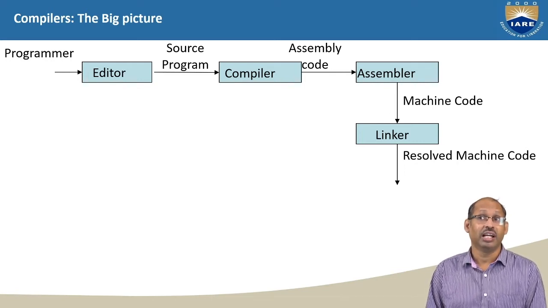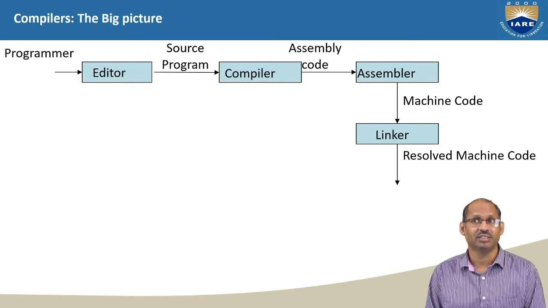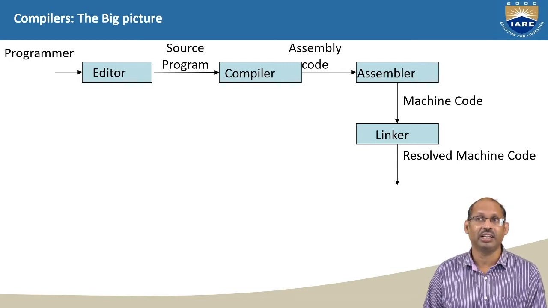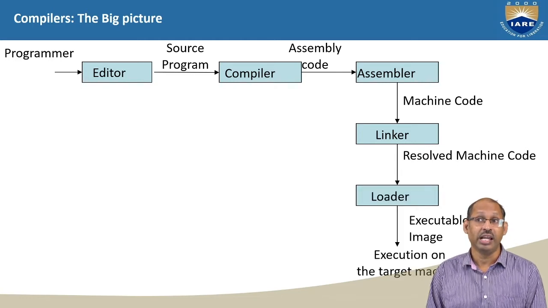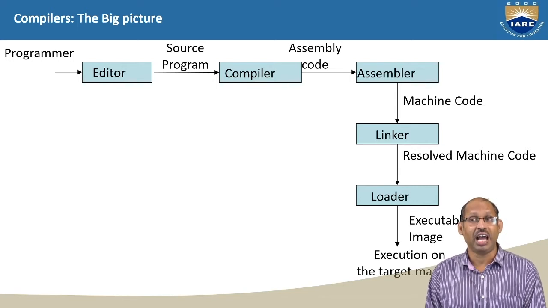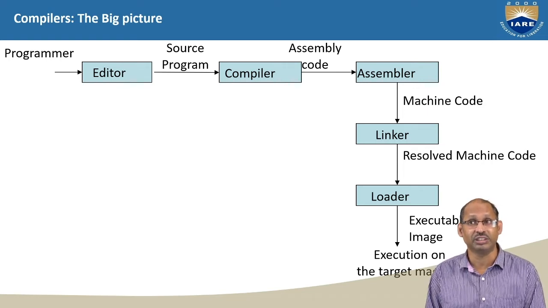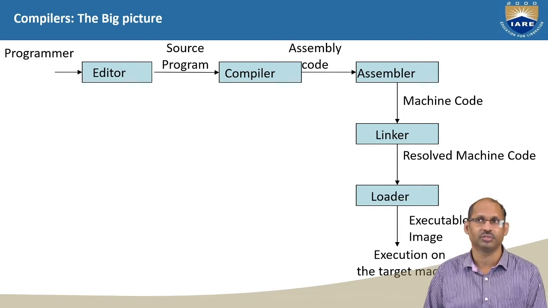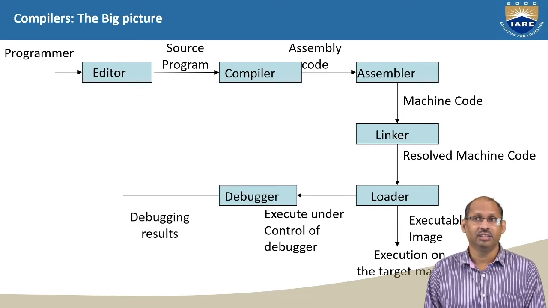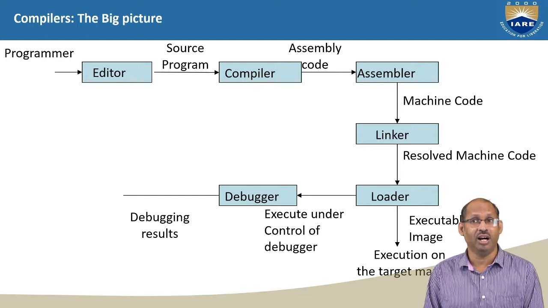Then, with the help of linkers and loaders, we'll get absolute machine code, executable machine code, which has memory references, which takes some input and executes, and if any errors are generated, right? Here, we control the execution with the help of a debugger.